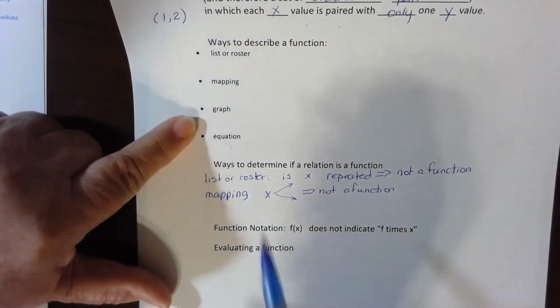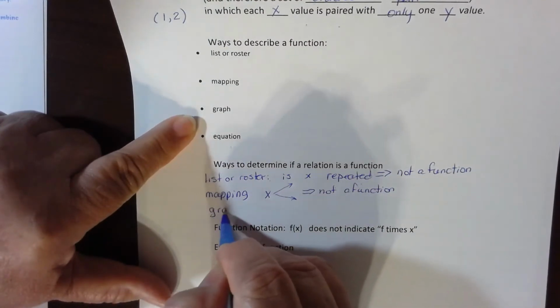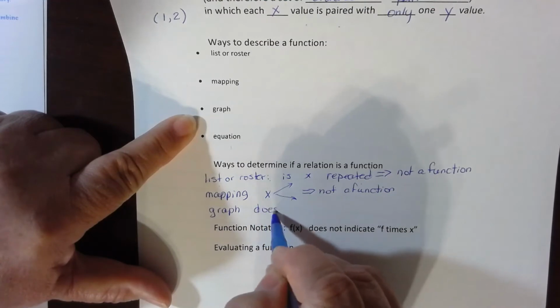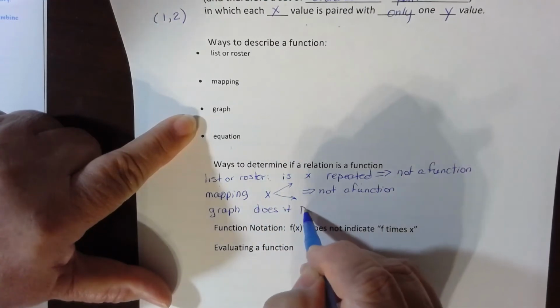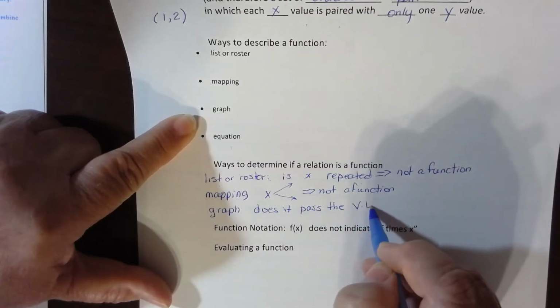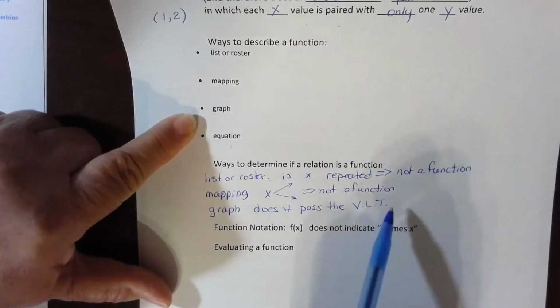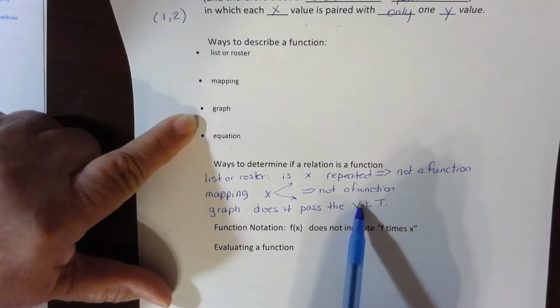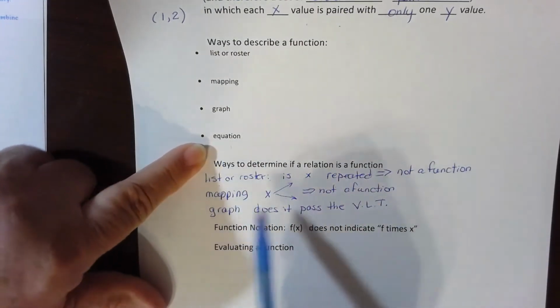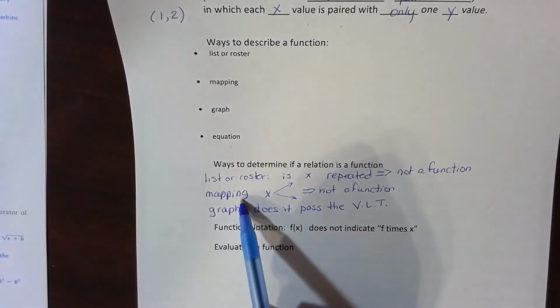When you're looking at a graph, you look for, does it pass the vertical line test? Vertical line test. And I'll show you what that means more in a little bit. And then you can look at an equation, and we'll talk about that as well.